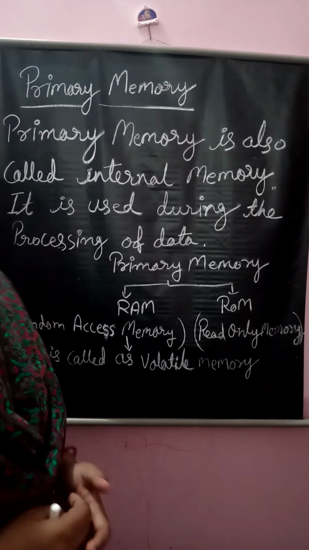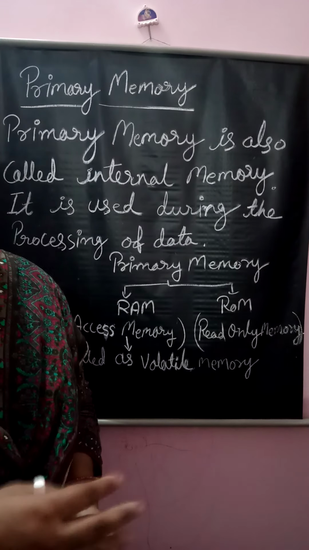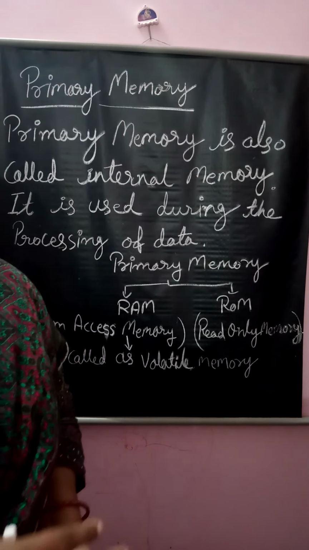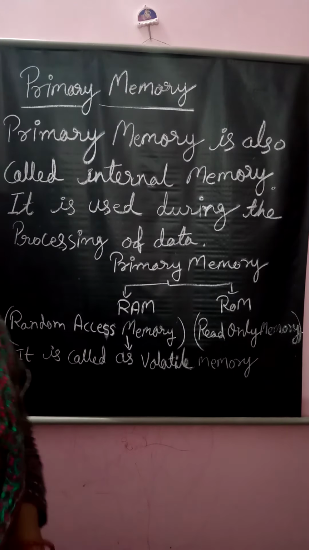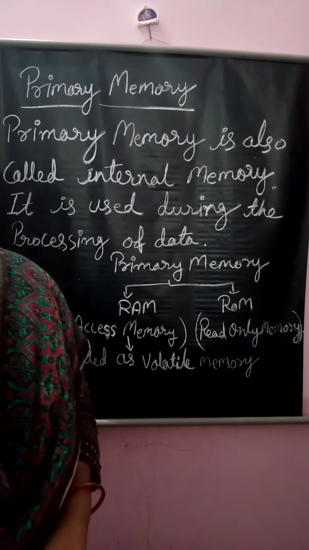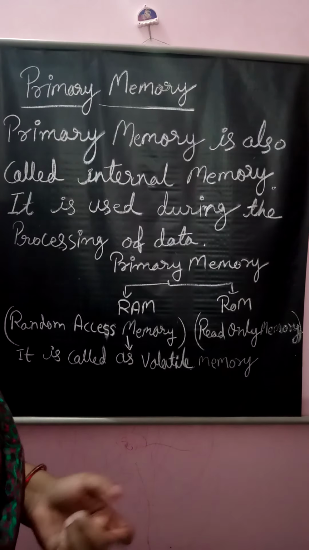In the same way, all the software is also transferred from the hard disk to the primary memory, and then from primary memory to the monitor, and then we are able to see it. This is the processing. All of you have seen that when you switch on your computer, it takes some time, and then it starts showing you the window and all that.